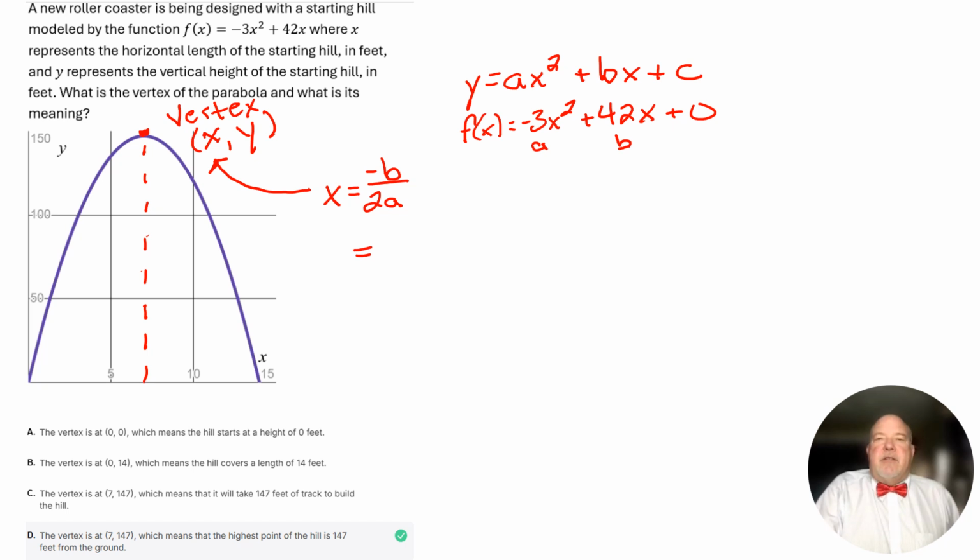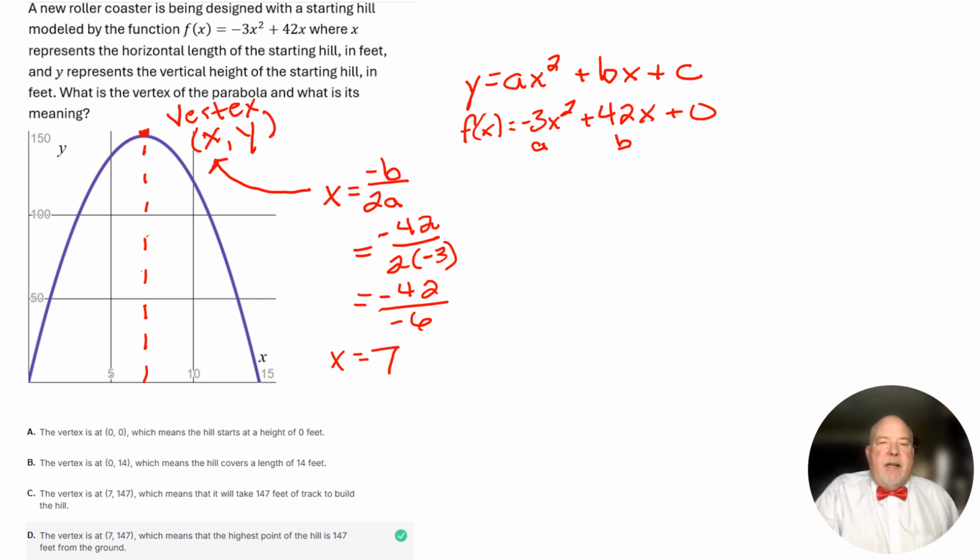Negative b, so b is 42, so that would be -42, the opposite of b, over 2 times the a value, which is -3. That gives me -42 over -6, which simplifies to 7. So the x coordinate of the vertex is 7.